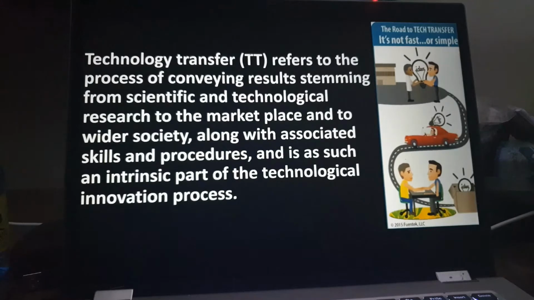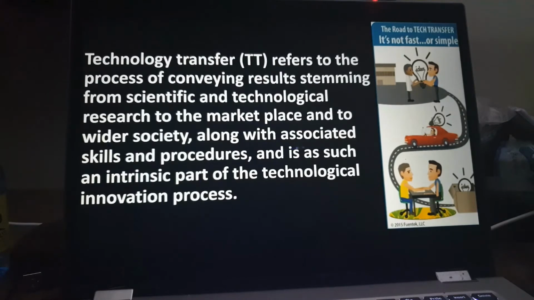Technology transfer, which is sometimes abbreviated TT, refers to the process of conveying results stemming from scientific and technological research to the marketplace and to wider society, along with the associated skills and procedures, and is as such an intrinsic part of the technological innovation process.